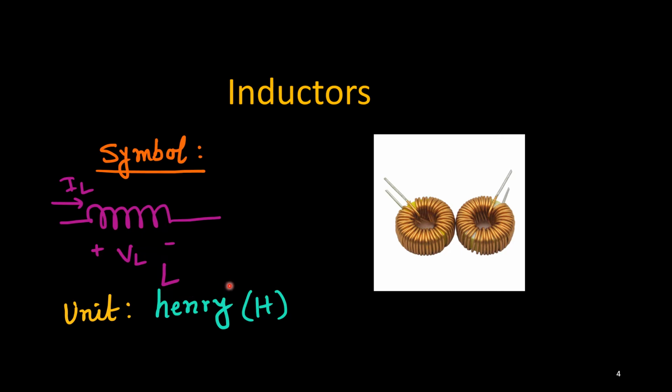Okay. Now, here I want to discuss one thing: in this video we'll just introduce inductors in the circuit, and we'll develop the full concept about inductors in some future videos.